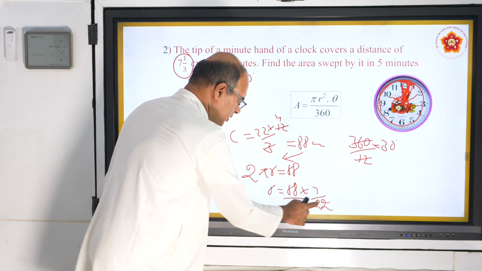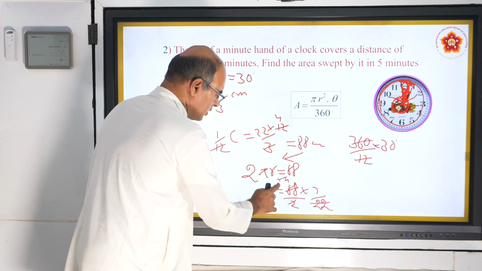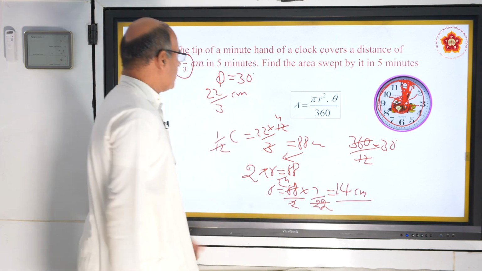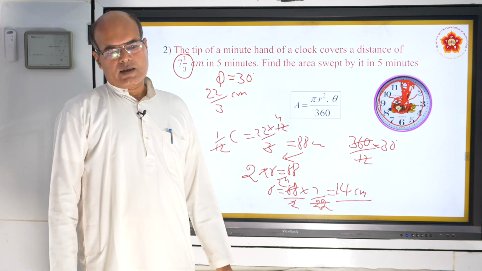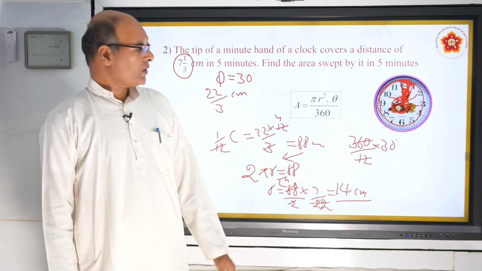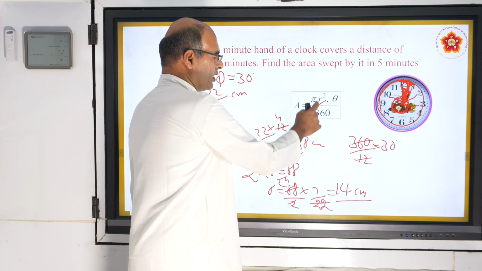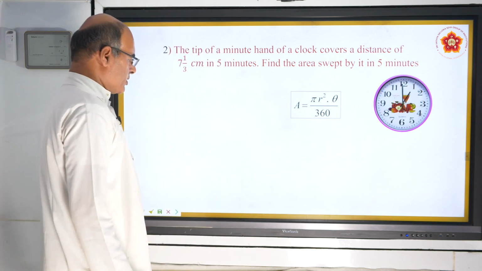So you can cancel out 22, and the result is 14 centimeter, which is the radius of the circle, that is the length of the minute hand. Using this, if you apply the value of r as 14, so 14 square, and theta 30 degree, we will get the answer.